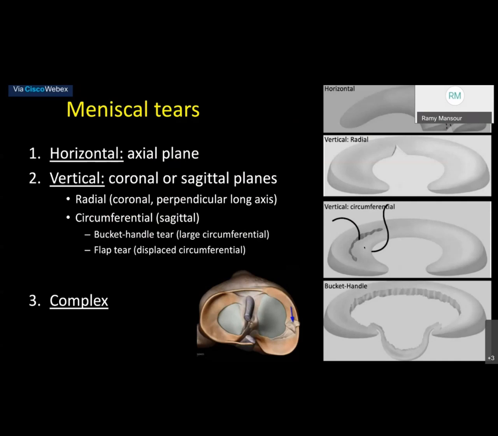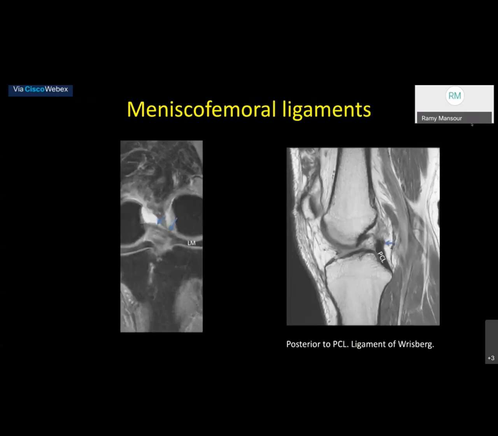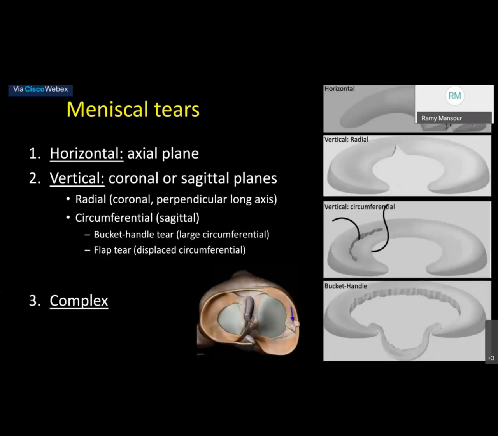Horizontal, where the tear goes through the horizontal plane, axial I mean, and almost always they are associated with a component that goes to either the inferior or posterior joint line. So they are not really truly horizontal. They are called horizontal, but they are actually oblique because they always have this oblique component.